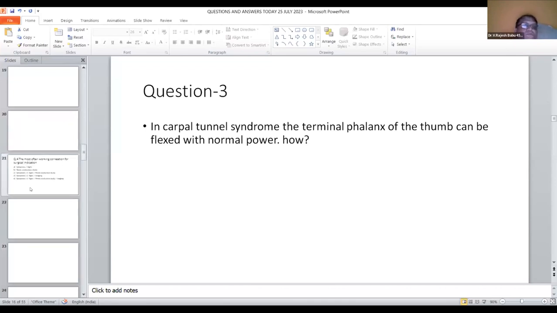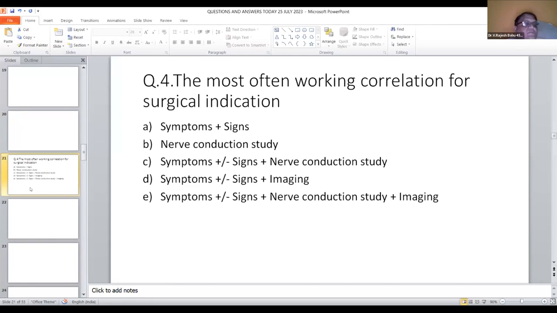And now the fourth question is, the most often working correlation for surgical indication is symptoms and signs and nerve conduction study. C. And the winner is Dr. Balamurugan. Balamurugan is not there.